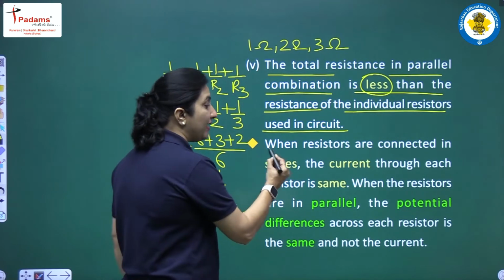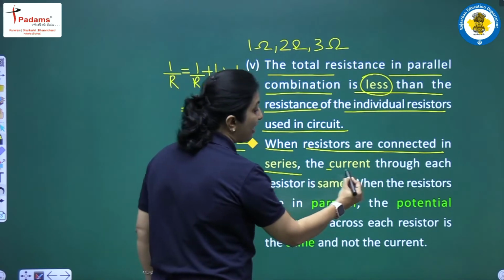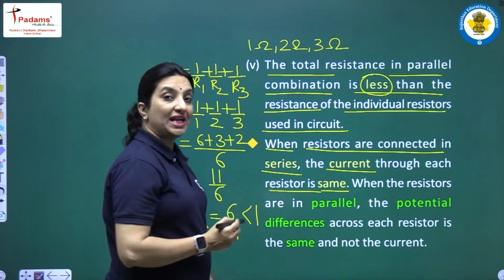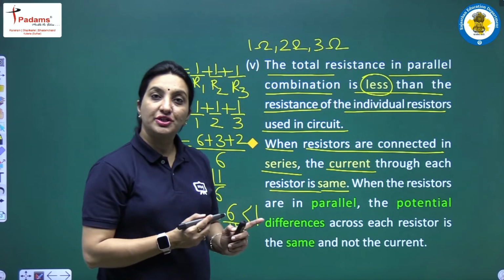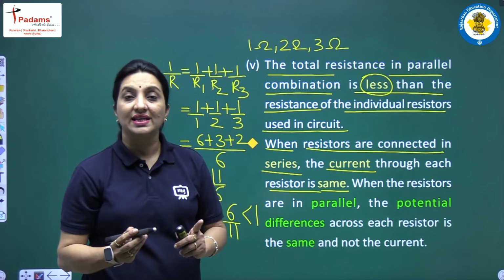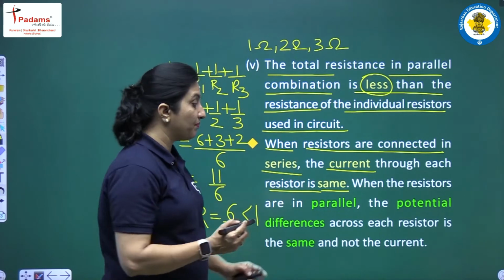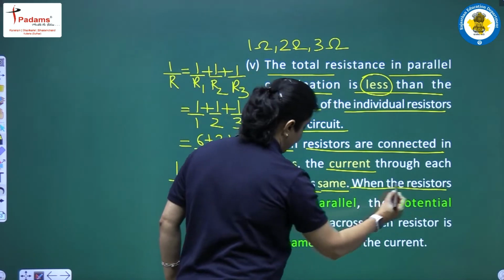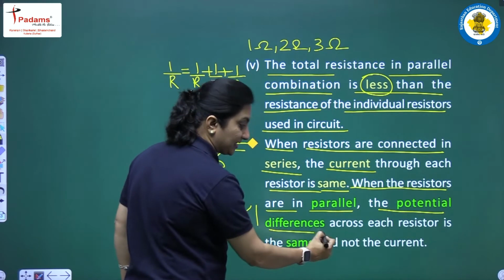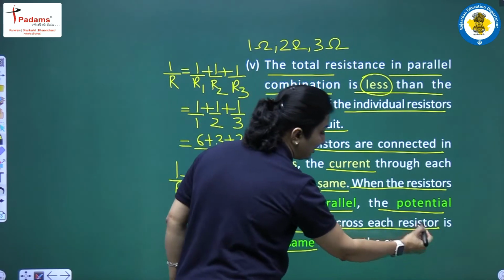So when resistors are connected in series, the current through each of the resistors is the same. As we have done in our previous video, if resistors are connected in series, then the current flowing through them is the same. And when the resistors are in parallel, the potential difference across each resistor is the same and not the current.